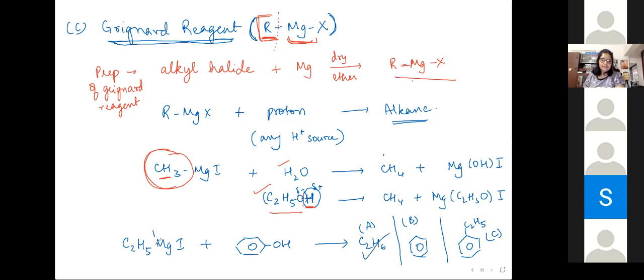Only this particular part from the Grignard reagent is what's going to form an alkane. What will be the second product?